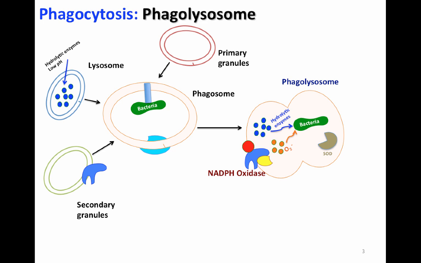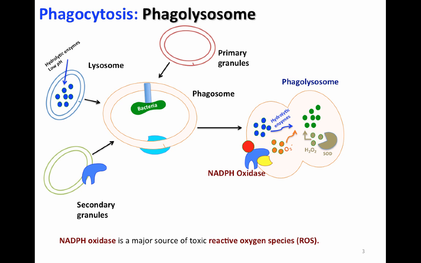For example, superoxide dismutase in an acidic pH, such as that found in the phagolysosome, can convert superoxide anion to hydrogen peroxide. These reactive oxygen species, also known as ROS, and hydrolytic enzymes will degrade the bacteria and then release the debris via exocytosis. Therefore, NADPH oxidase is a major source of toxic reactive oxygen species.